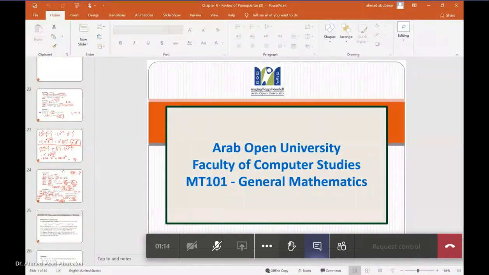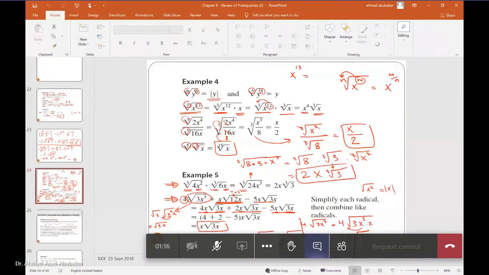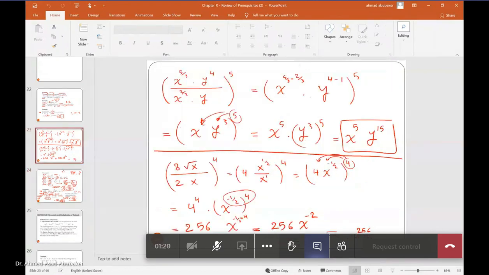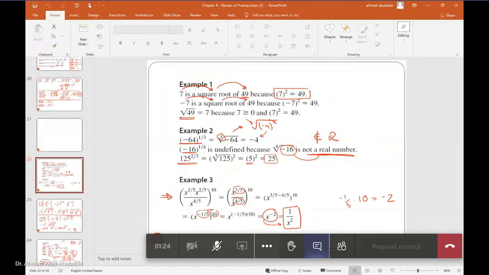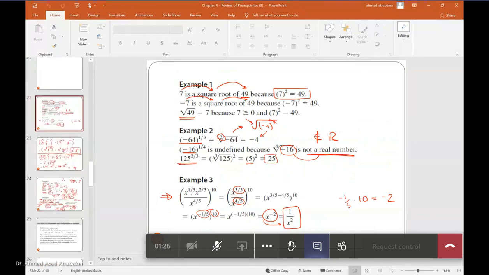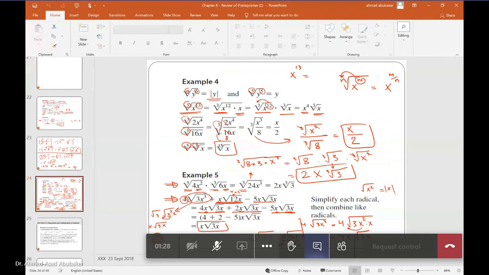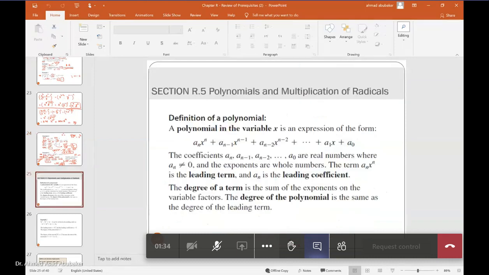In the last lecture, we finished the radical and exponential, and how we can simplify if we have a radical, exponent, anything. Now, inshallah, in this lecture, we will finish this chapter.